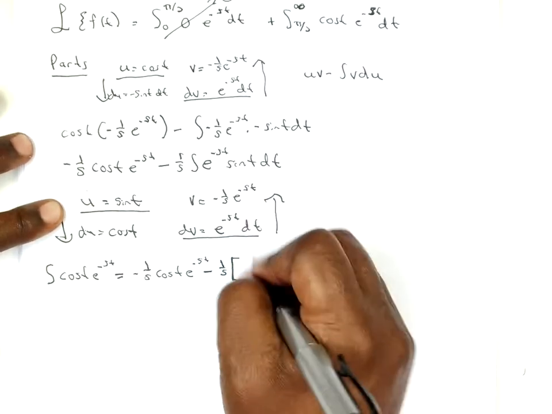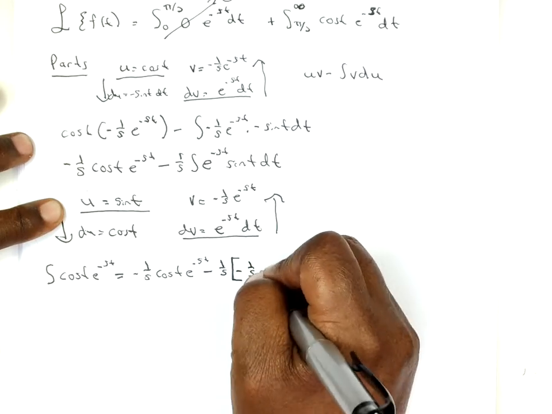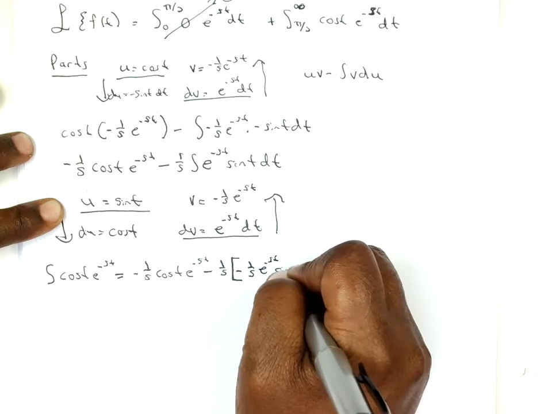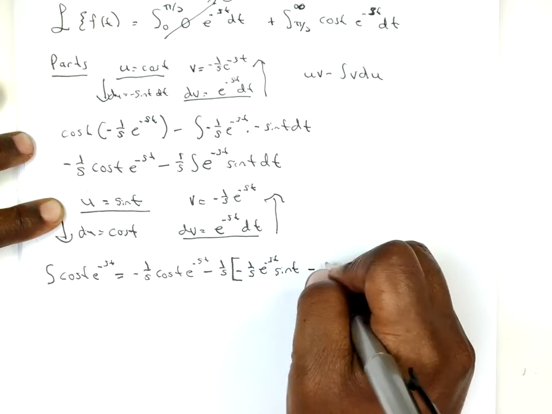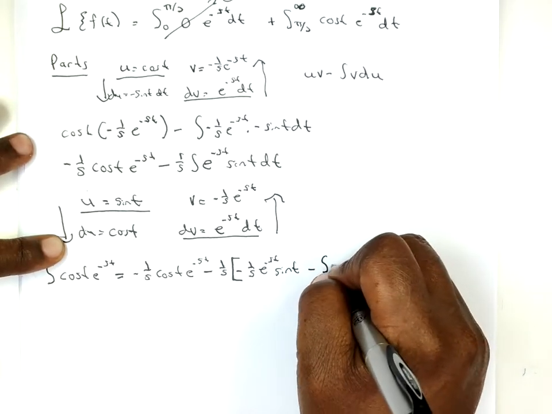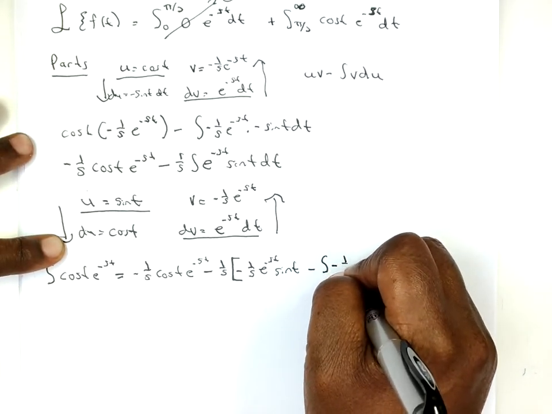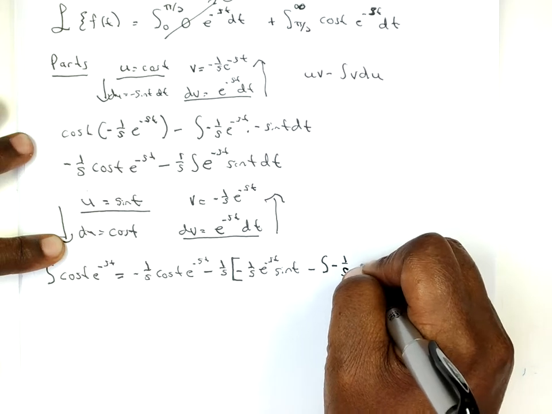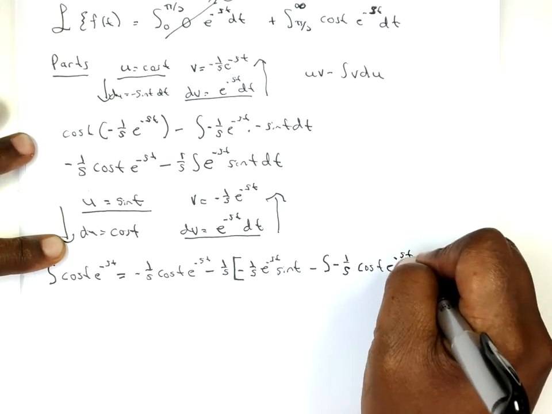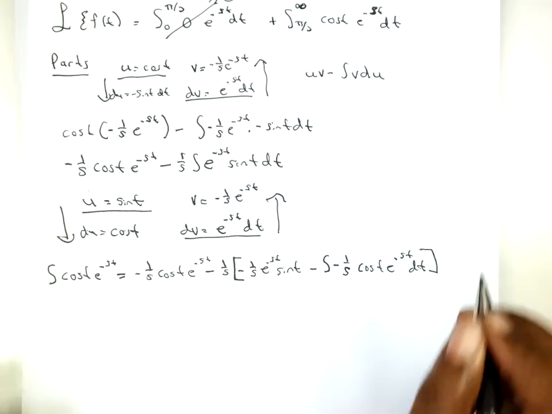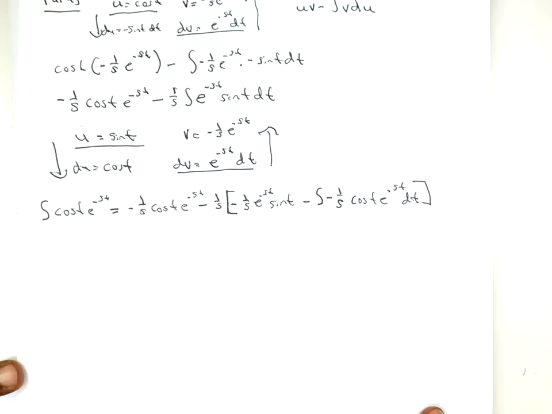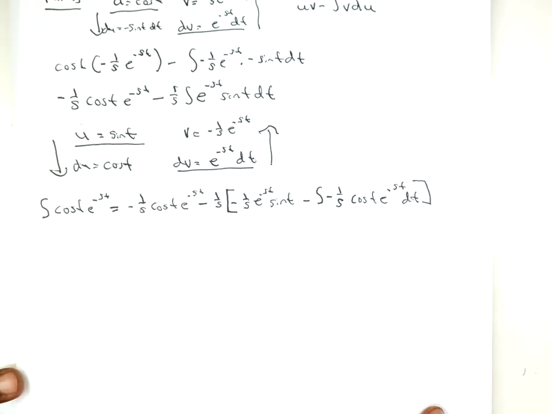So uv would give me negative 1 over s e to the negative st sine t minus the integral of v du. So that's negative 1 over s cosine t e to the negative st dt. Hope I did not mess up a sign.